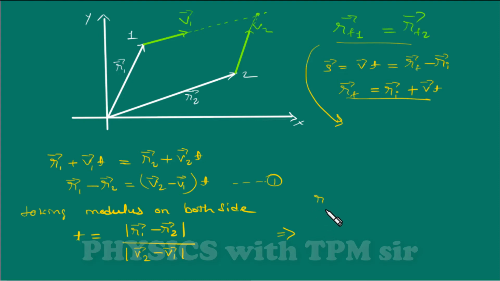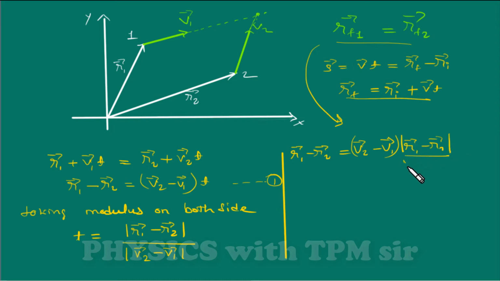So r1 minus r2 is equal to (v2 minus v1) into t, which will be modulus of (r1 minus r2) divided by modulus of (v2 minus v1), because these are all magnitudes.